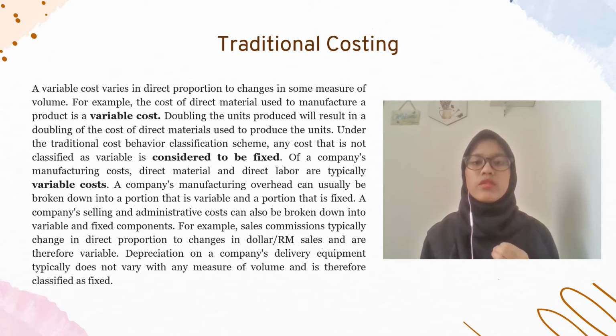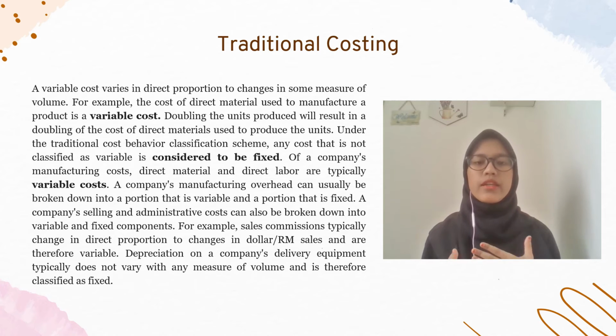So doubling the units produced will result in doubling the cost of direct materials used to produce the units. Under the traditional costing cost behavior classification scheme, any cost that is not classified as a variable cost is considered to be fixed. Of a company's manufacturing cost, direct material and direct labor are typically variable costs.